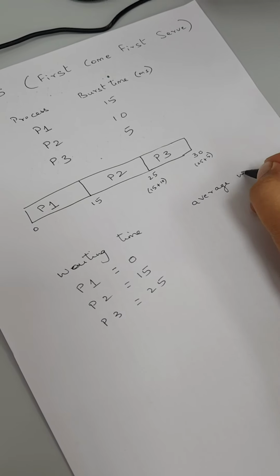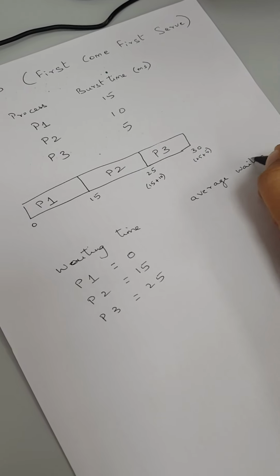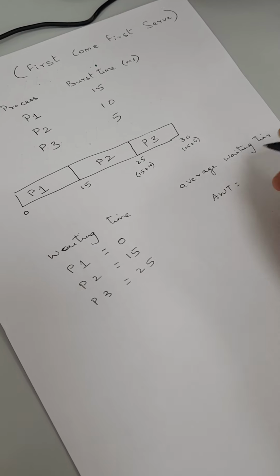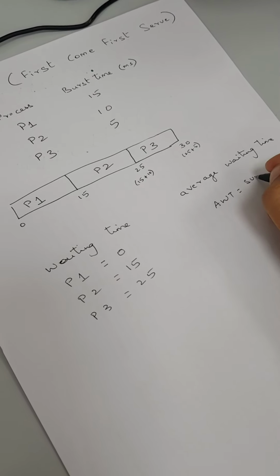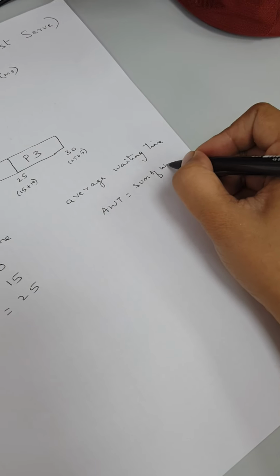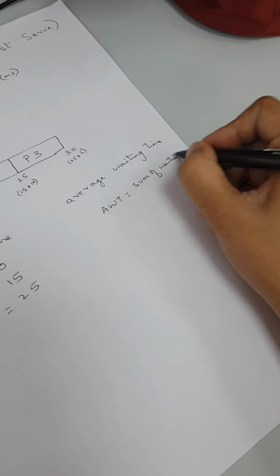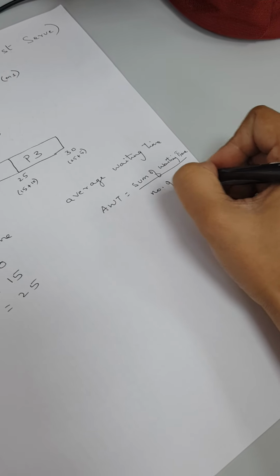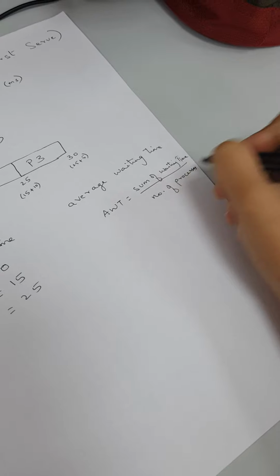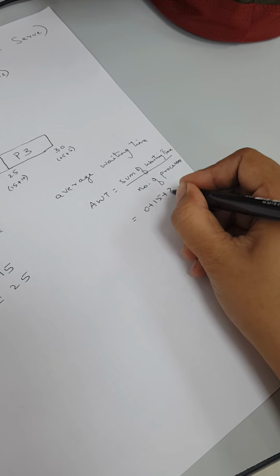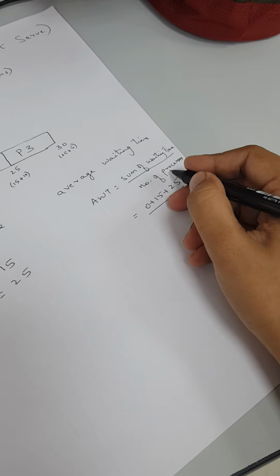Average waiting time, AWT, is equal to the sum of waiting time divided by the number of processes. So the sum of waiting time, 0 plus 15 plus 25, divided by how many processes?